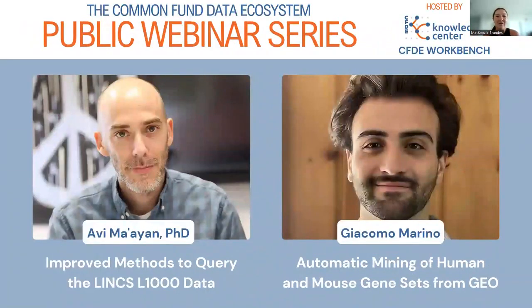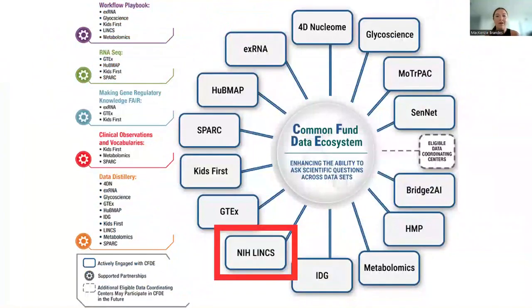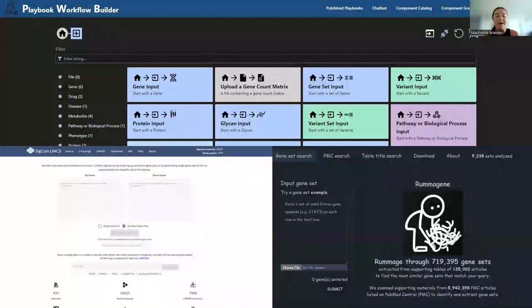So today I'd like to welcome our featured speakers who are both from the LINCS Data Coordinating Center and the Data Resource Center. To give some background, LINCS is one of 14 resources within the Common Fund data ecosystem, and it serves as a data coordinating center. Avi Mayan will cover the LINCS datasets, tools, and a newly developed method to query the LINCS L1000 data for better prioritization of drugs, small molecules, and single gene perturbations.